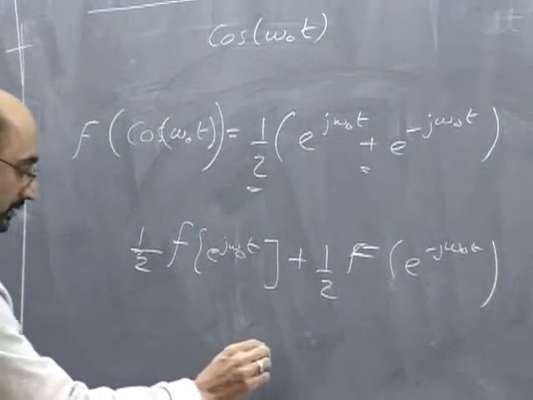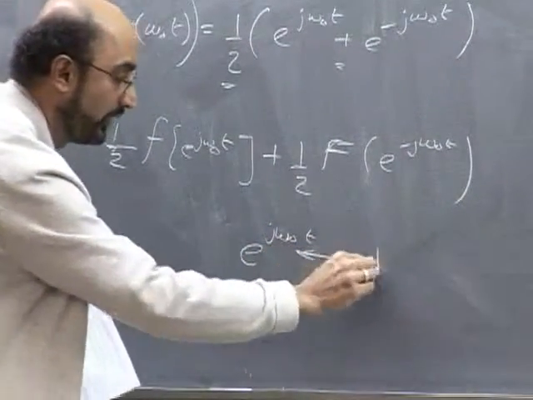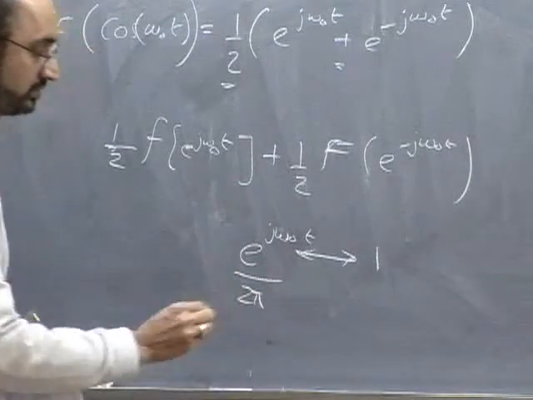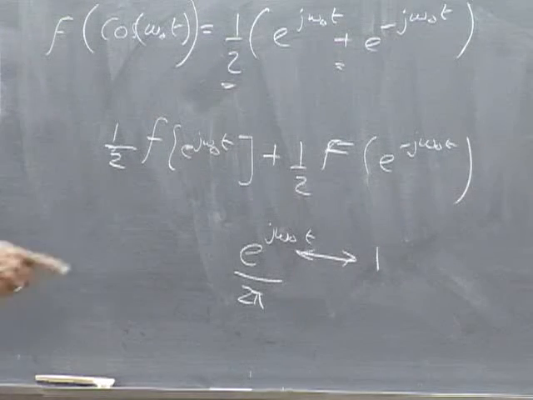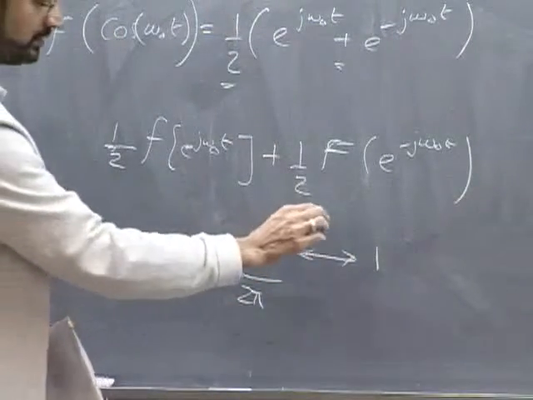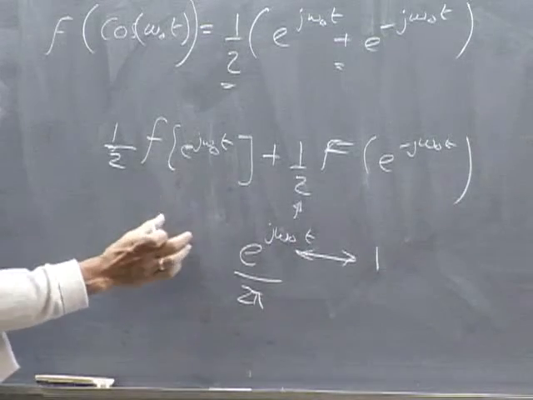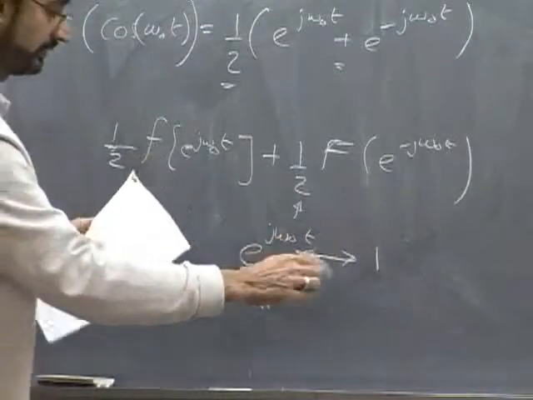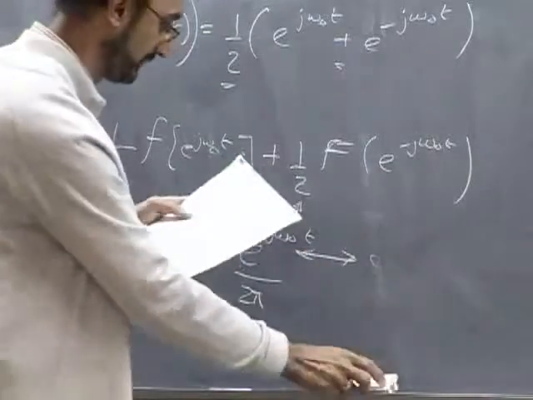Okay, so e to the j omega naught t corresponds to 1, right? By 2 pi. That is what we did just a moment ago. So we know this, so we can use this fact plus this one over here.